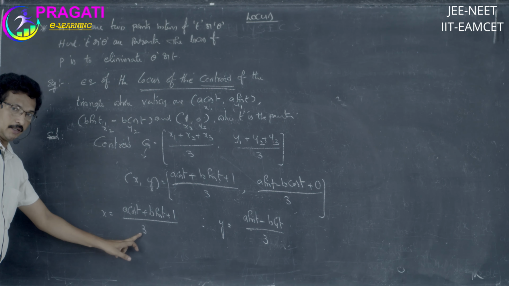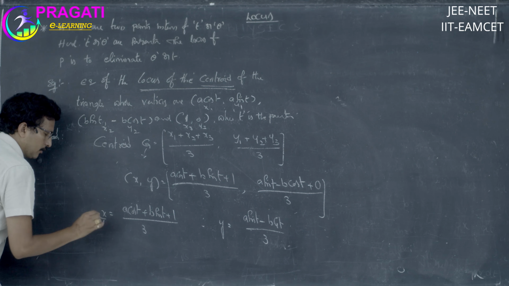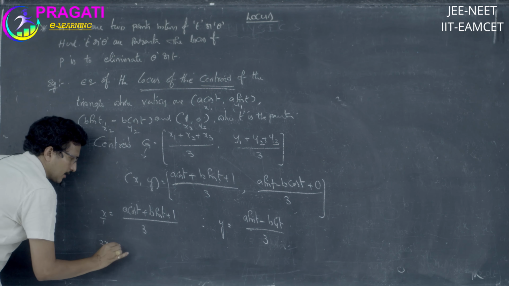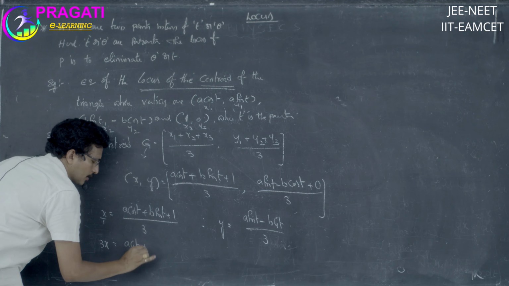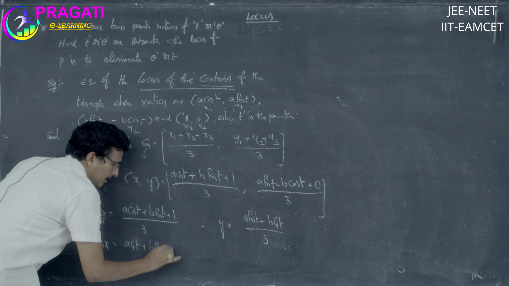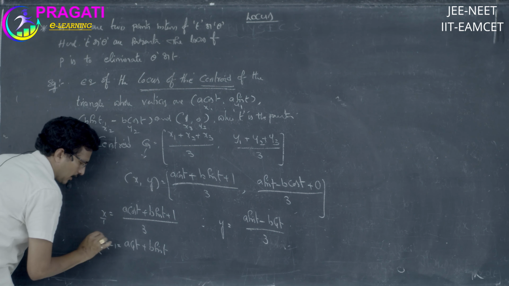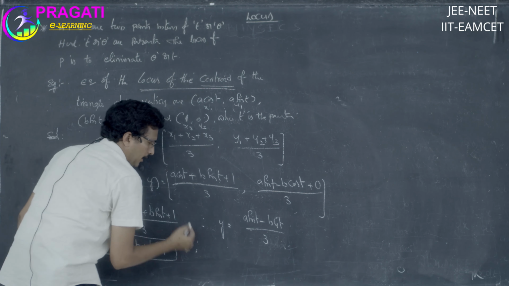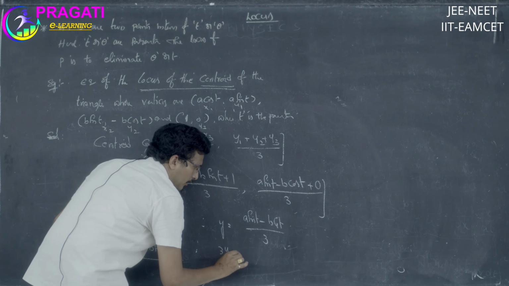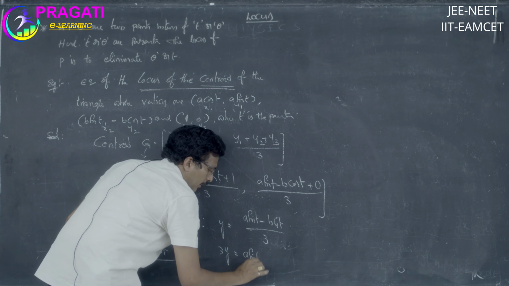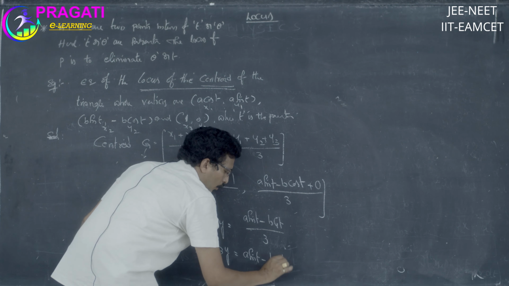Here by cross multiplication, we get 3x is equal to a cos t plus b sin t plus 1, taking to the left side, 3x minus 1, and 3y is equal to a sin t minus b cos t.